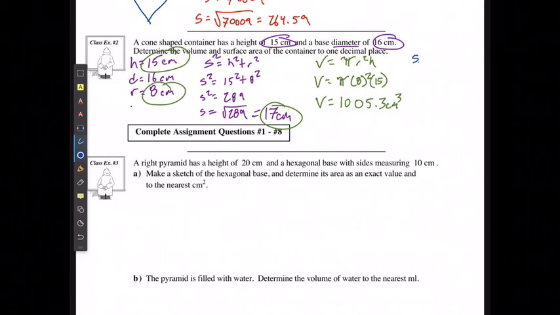My surface area is going to be 2 pi r squared plus 2 pi r s. So this is going to give me, oh sorry, I'm thinking the wrong formula, plus just pi r s.